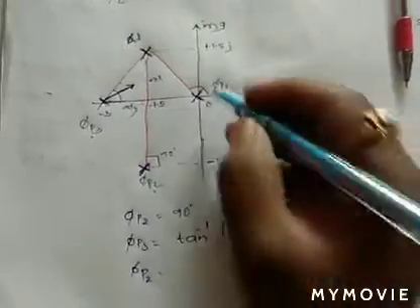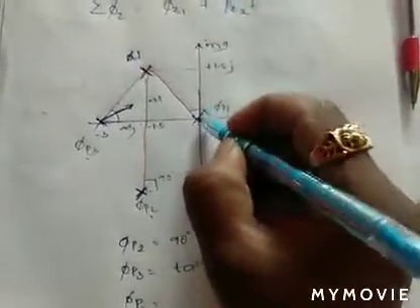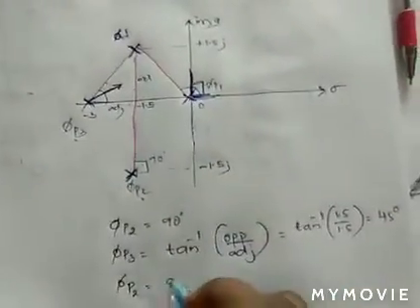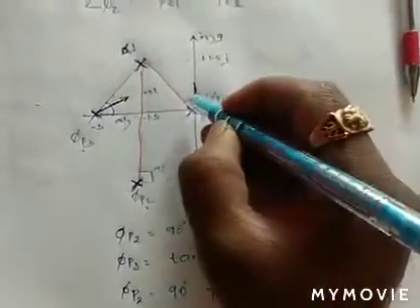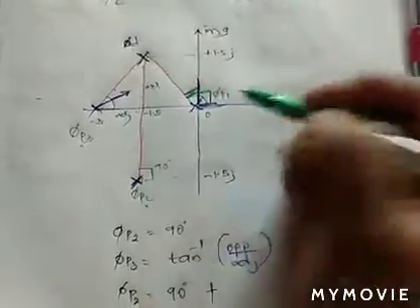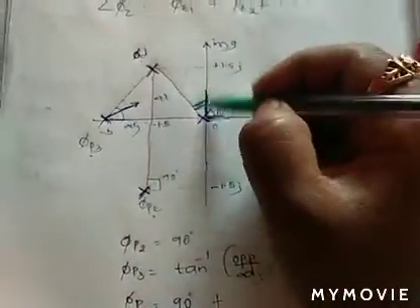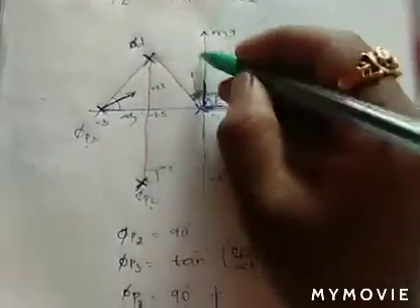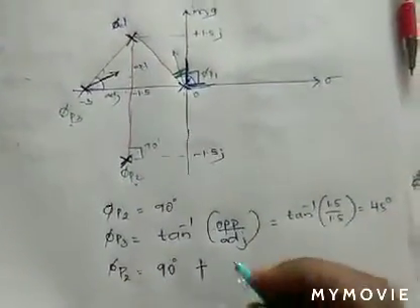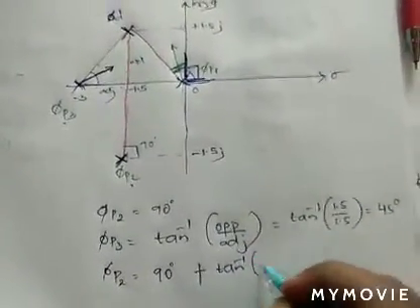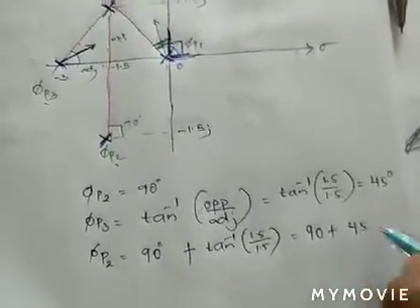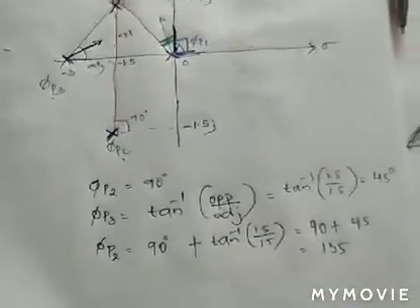Similarly, phi p2 here is 90. So I will write 90 degrees plus we need to find the angle for this. In between these two I draw a line in the middle which shows the opposite. Again measure it: 1.5, and the adjacent is also 1.5. So tan inverse of 1.5 by 1.5, so 90 plus 45 equals 135.